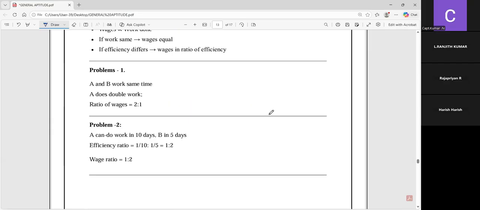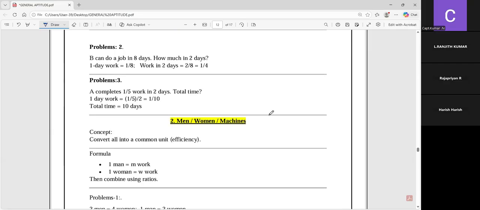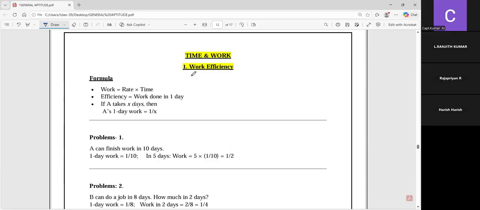See, the first one is work efficiency. The work is nothing but the rate of work you are doing into the time. Efficiency is nothing but the work done in 1 day.